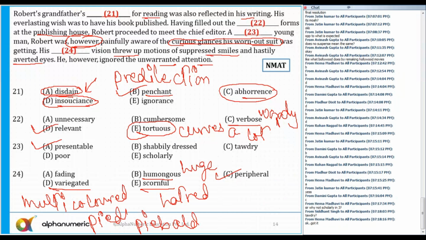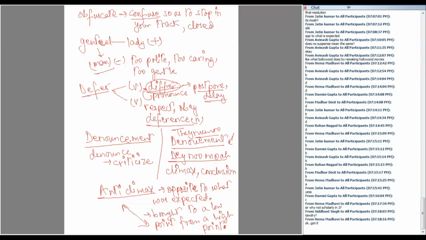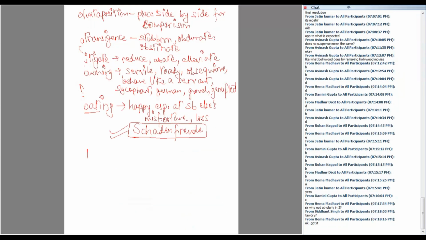Okay. Tawdry. Tawdry means what? Interesting word. Tawdry means showy. If something is tawdry, that means ostentatious, meretricious, showy, gaudy.